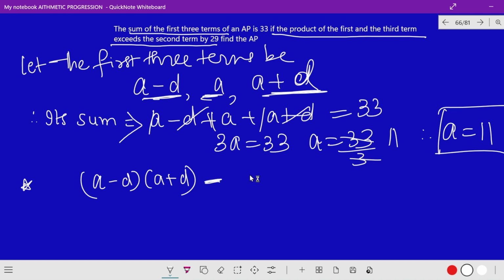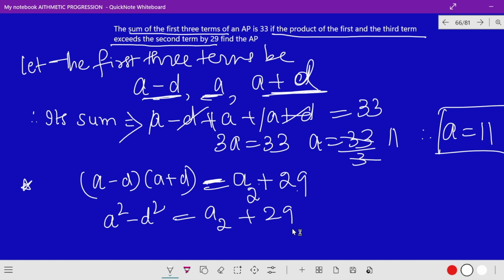Exceeds means this term is 29 more than the second term, A2. So here we got A square minus D square, because this is in the form (A plus B)(A minus B), is equal to A2 plus 29.